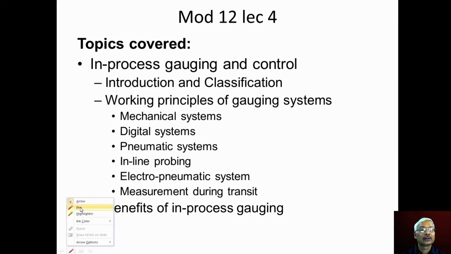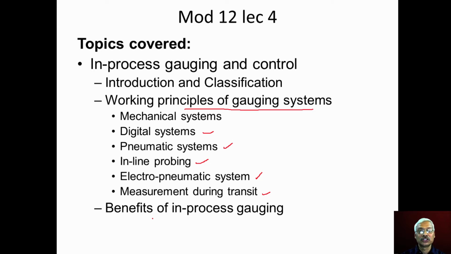Then we will discuss the working principles of various gauging systems: mechanical gauging systems, digital systems, pneumatic systems, inline probing, electro-pneumatic system, and measurement during transit. Finally, we will be discussing the various benefits that can be obtained by in-process gauging.